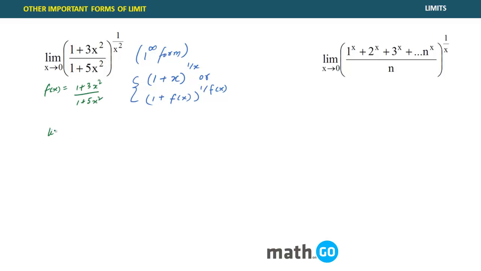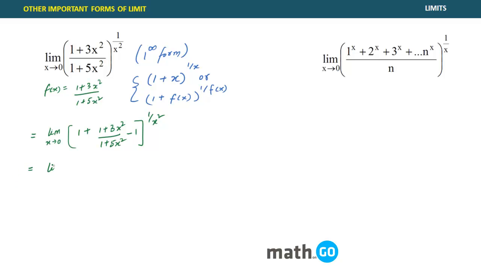What I did in this question is I just added and subtracted 1. That can be done anywhere in any kind of question, irrespective of limit. We can add and subtract the same number anywhere, no change, the limit is still equal, right?